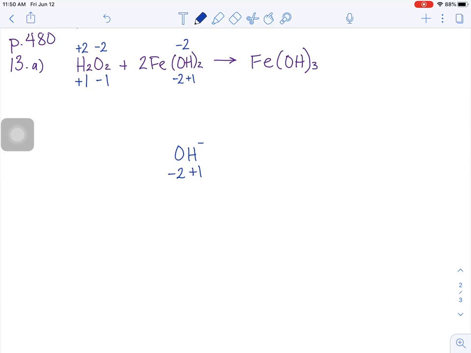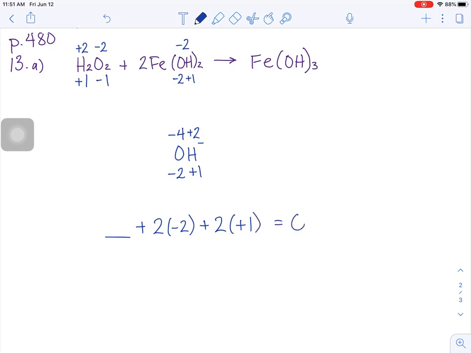So at this point, if you prefer to do each element separately, you can. So two hydroxides means two oxygens. So I have -2 and -2, which would give me -4. And for hydrogen, I have two of +1 and +1, which gives me +2. So when I'm figuring out iron, I have one iron, and I have my two oxygens at -2 and my two hydrogens at +1.